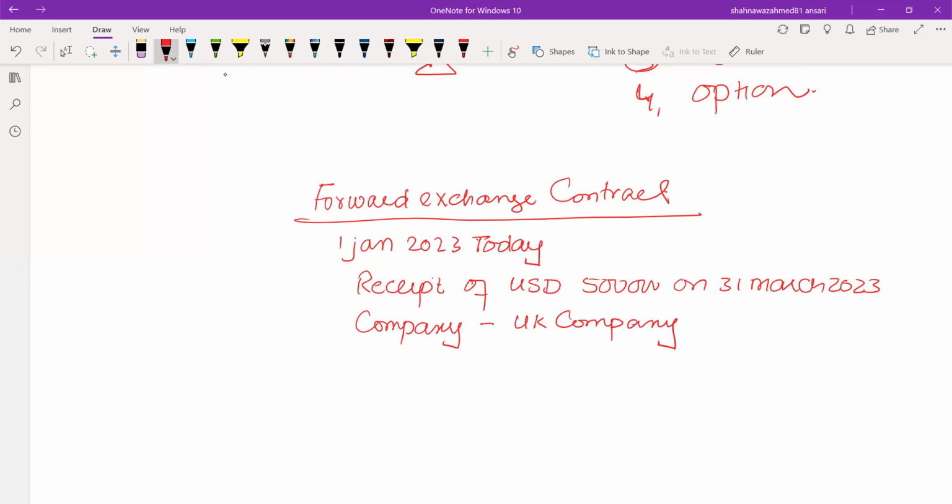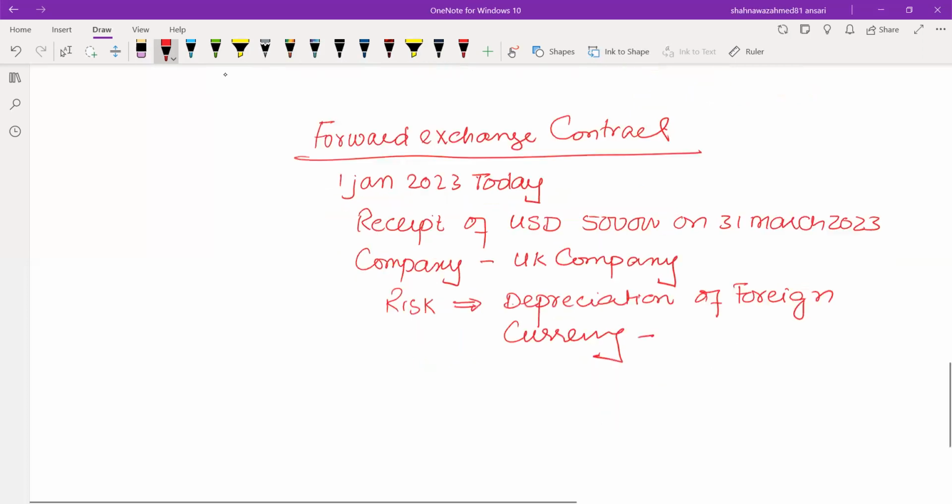Because the company is to receive 500,000 USD, what is the risk the company is facing right now? That is the depreciation of the foreign currency. So the company wants to mitigate that risk, so that if the foreign currency depreciates, the company will not suffer any kind of loss.